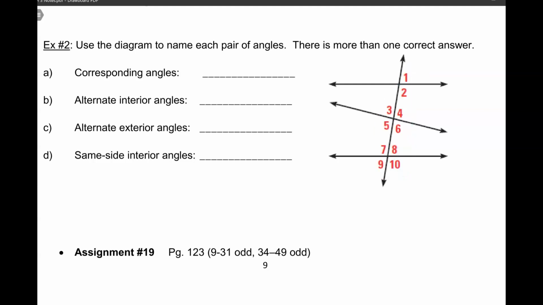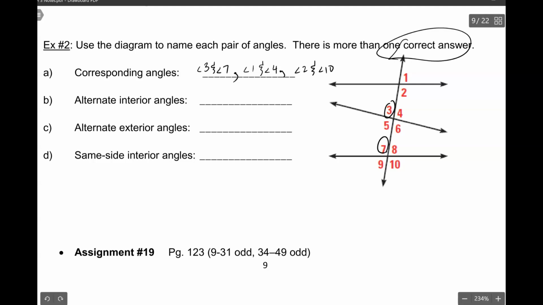Since this is a screencast, I'm just going to give a couple. So let's see, 3 and 7. Let's see, 1 and 4. Let's do 2 and 10. There's 9 different answers you could give, but you only needed one correct answer.